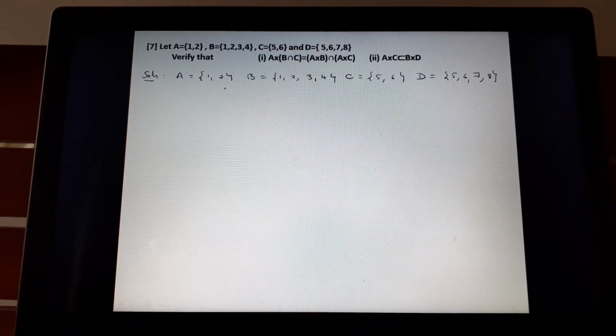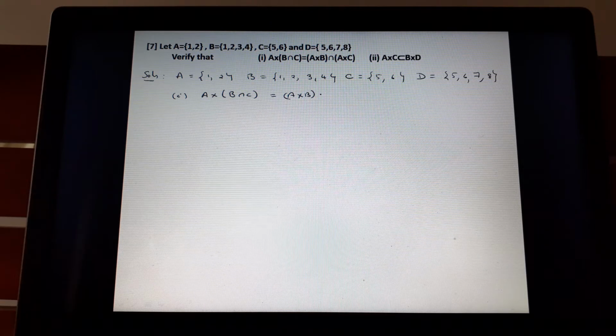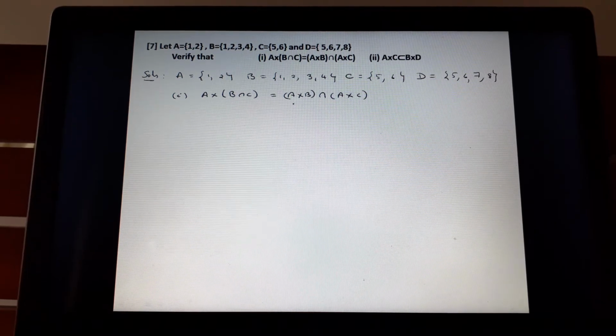Now first we have to verify, that means we have to show left hand side equal to right hand side. The first question is: A cross (B intersection C). We have to show that it equals (A cross B) intersection (A cross C). Actually this is a property.